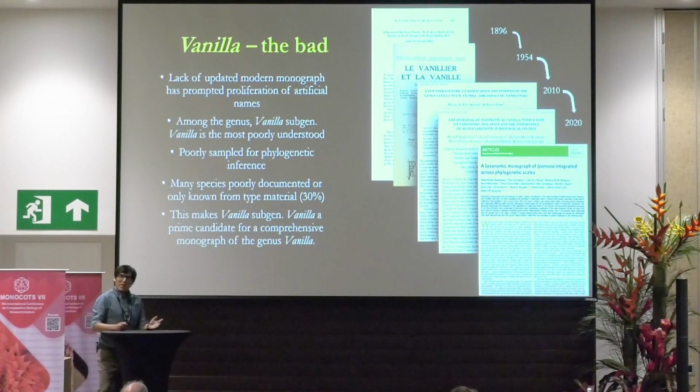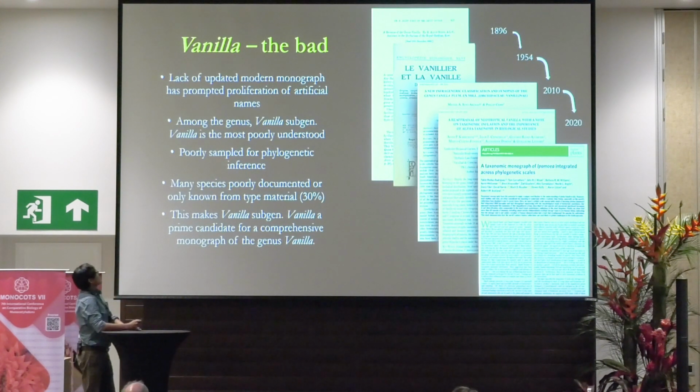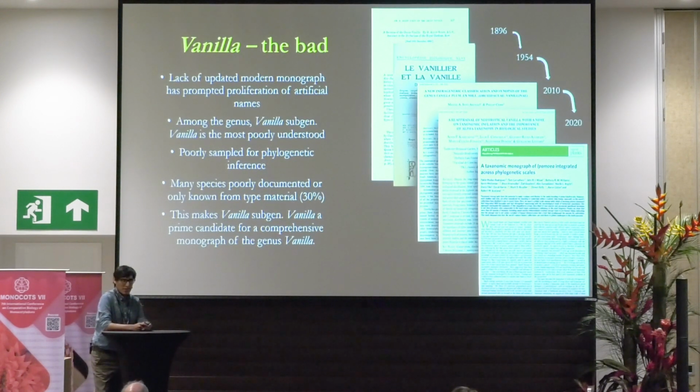There's another slide about the bad thing about vanilla, which is related to monographs. There is a lack of an updated, modern monograph in vanilla. The first one was published in 1896, and then we have another one from 1954. One of the most comprehensive studies about vanilla was made by Miguel Ángel Soto Arenas in 2010. It's a really seminal work, but it's hardly a monograph, right?